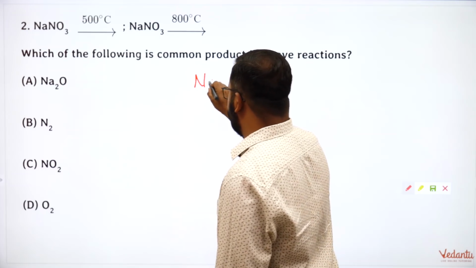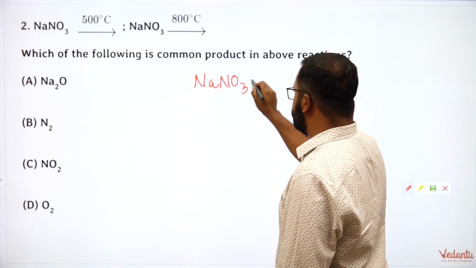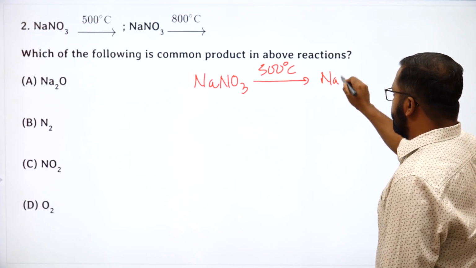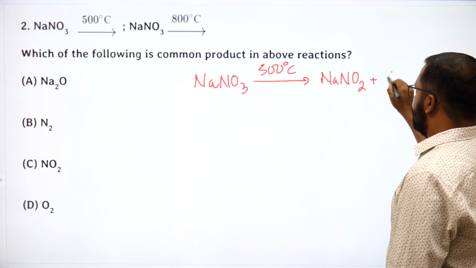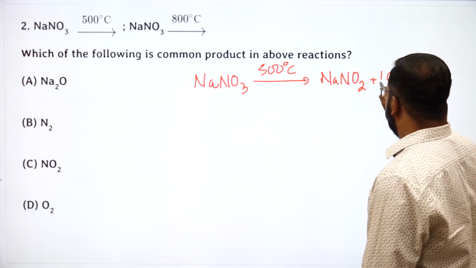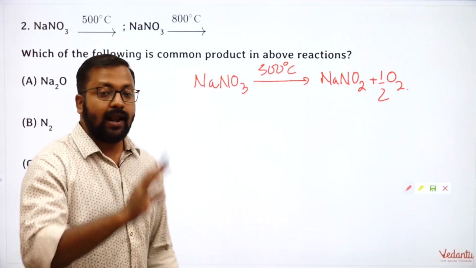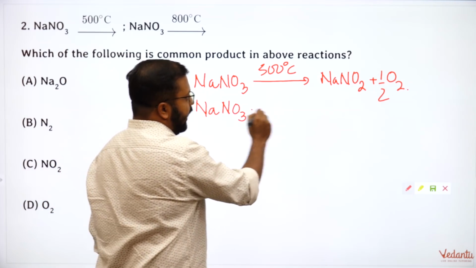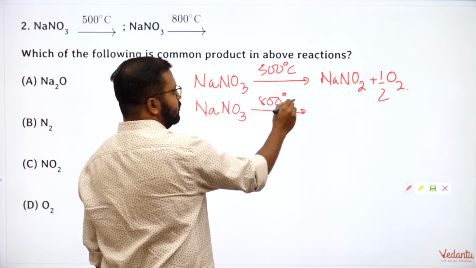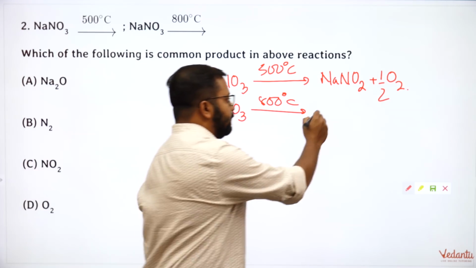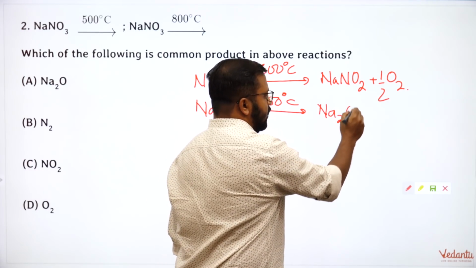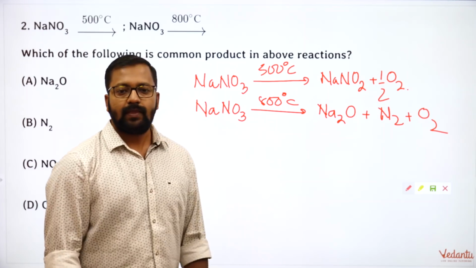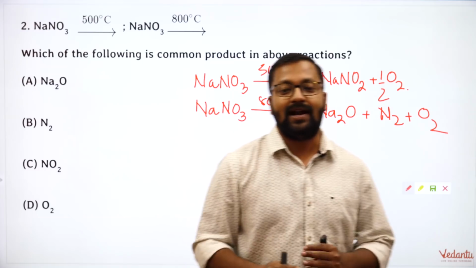If a nitrate, let's say NaNO3, decomposes at 500 degrees Celsius, then it will produce a nitrite and oxygen. But if it decomposes at 800 degrees Celsius or above, it will produce oxide plus nitrogen plus oxygen.